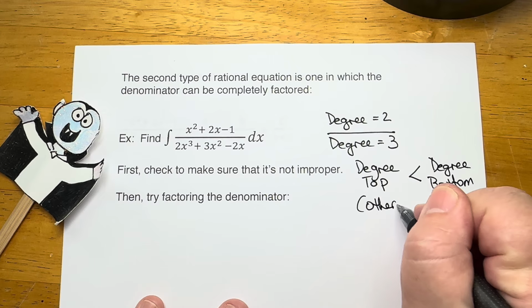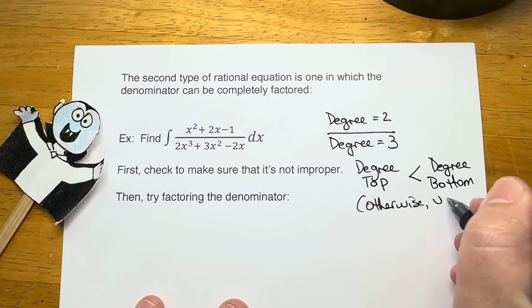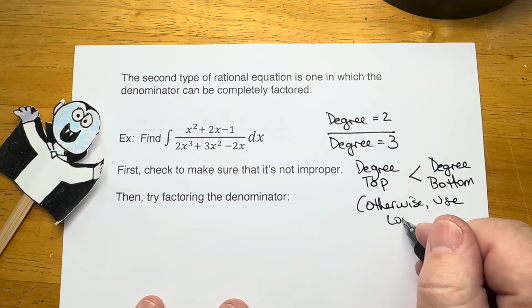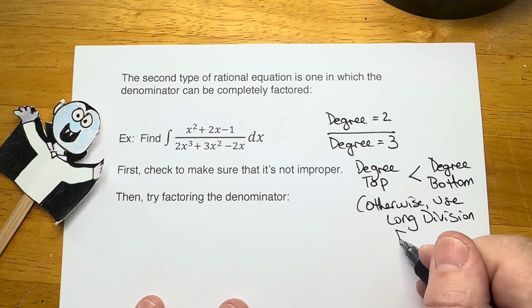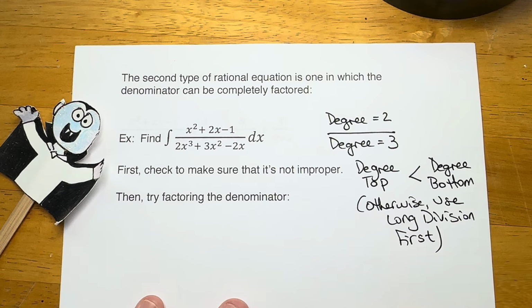Otherwise, use long division first. And the reason for that is that the partial fraction decomposition just breaks down. It doesn't work out the way we're about to show you.